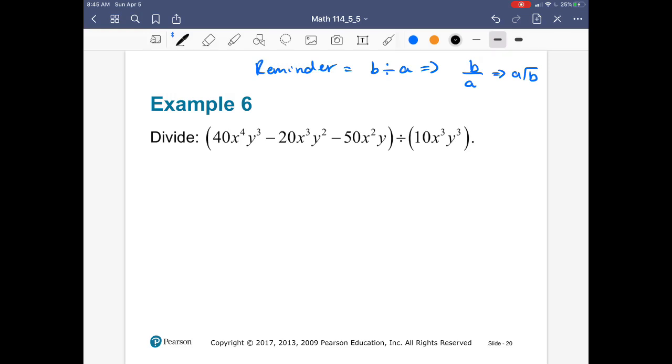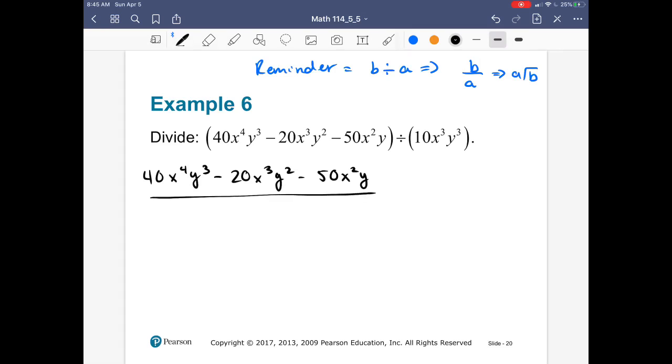So this becomes 40x to the 4th y cubed minus 20x cubed y squared minus 50x squared y, divided by 10x cubed y cubed.